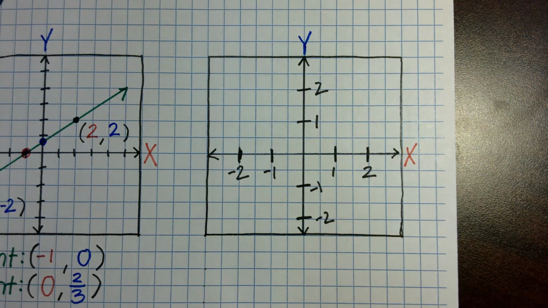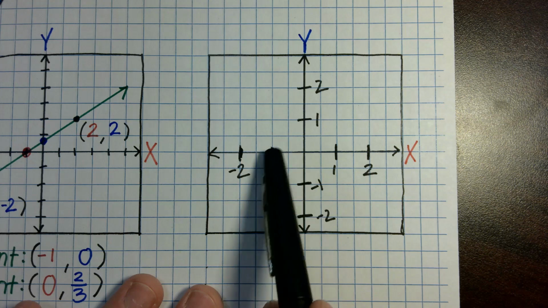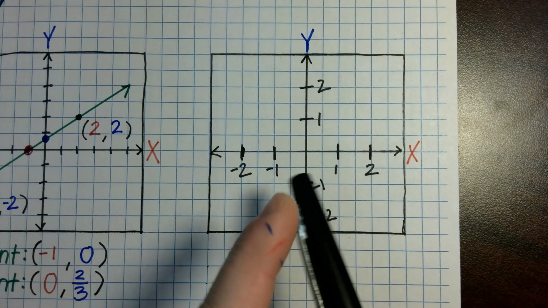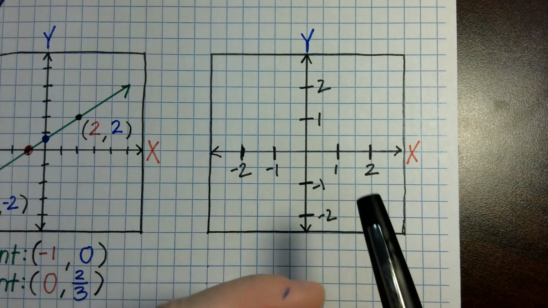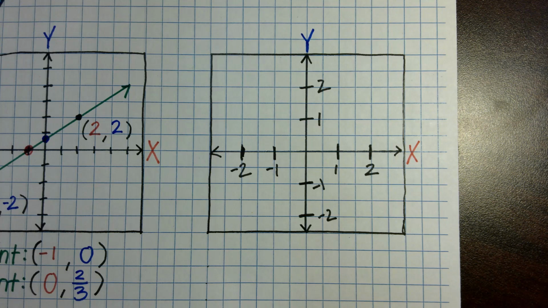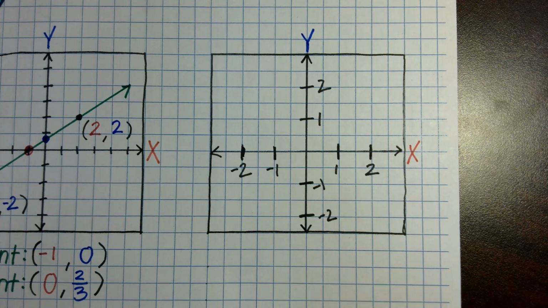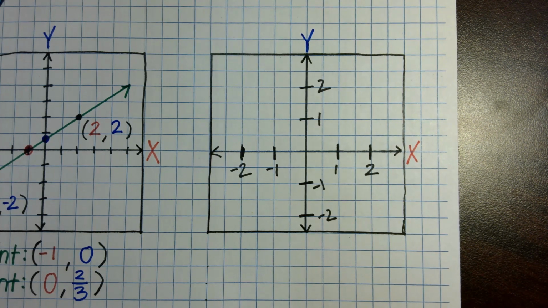Are you okay with the different scale? Yes, I'm going every other. So 1 tick mark is actually 2 spaces away from each other. I'm kind of just zooming in on it. This way we can be a little more accurate with our intercepts. We'll have a little more space to see the difference.